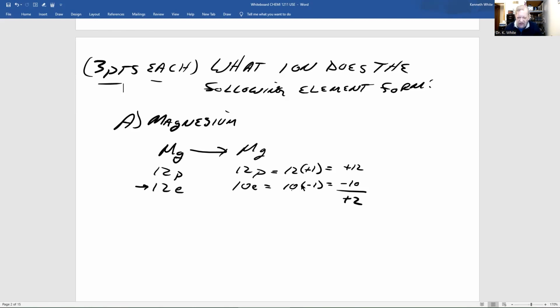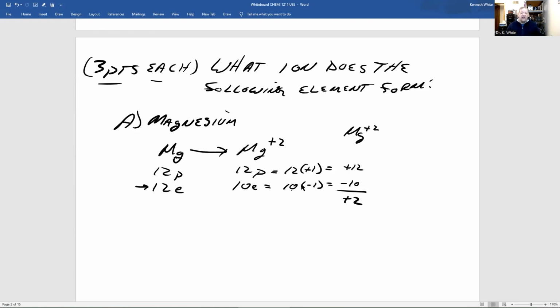Now, how do we show that? There are 2 ways of showing ions that have more than a +1 or -1 charge. One is the chemical symbol, then the plus sign, in our case with a 2.